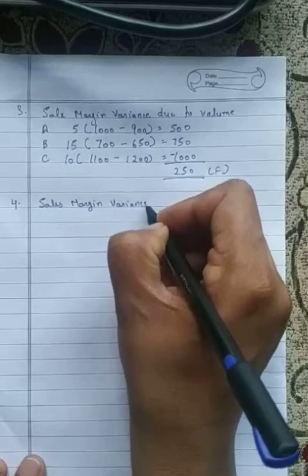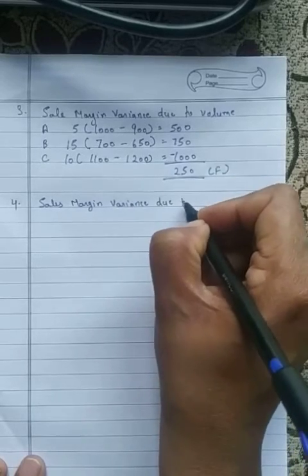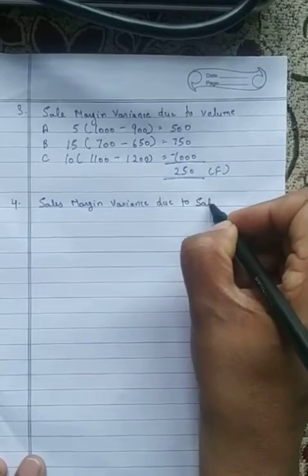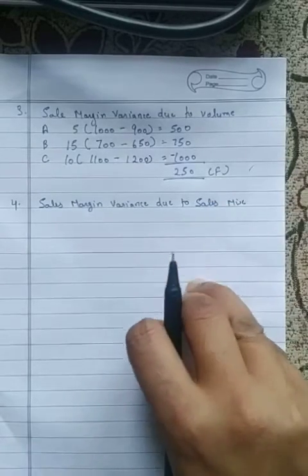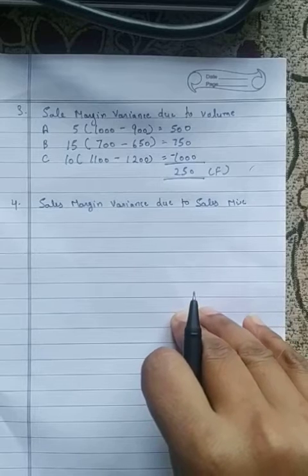Now fourth is sales margin variance due to sales mix.